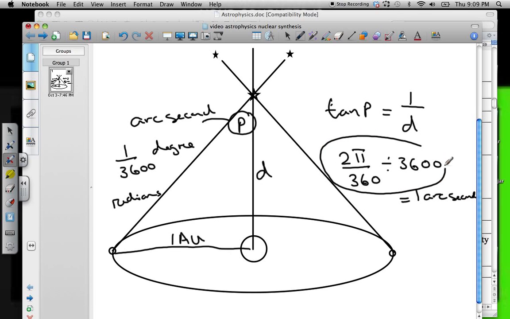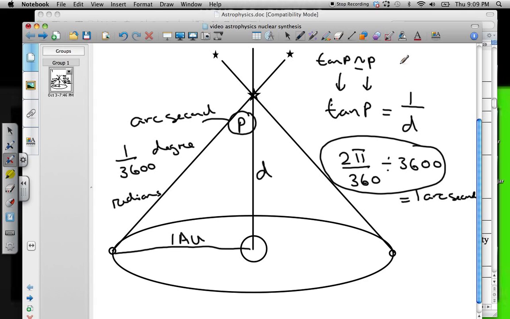So that's incredibly small, you can imagine that. Now when you get the tan of a very small angle in radians, the tan of P basically is equal to P.